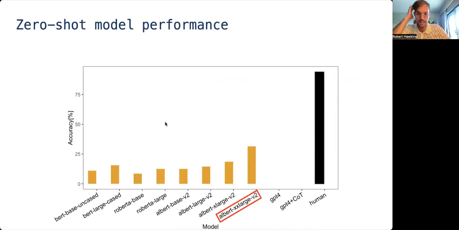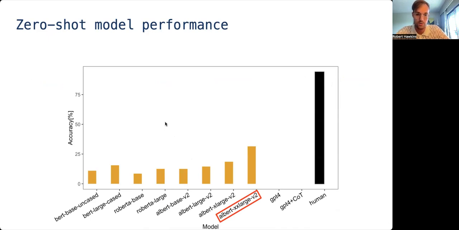So here's what we found. Humans are unsurprisingly very good at this, achieving over 90% accuracy. Large language models are less good overall. This is a very strict metric.